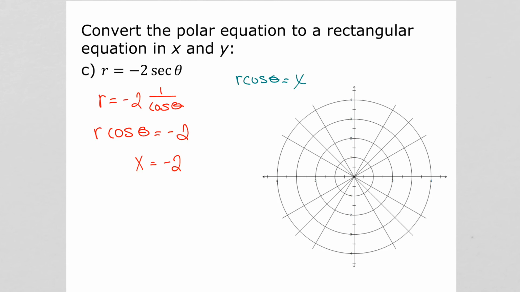So if you were to imagine this graph over here to be the xy plane, then x equals negative 2 would be graphed like this. So now you can see that if you've got r equals negative 2 secant theta, then you end up with a vertical line.